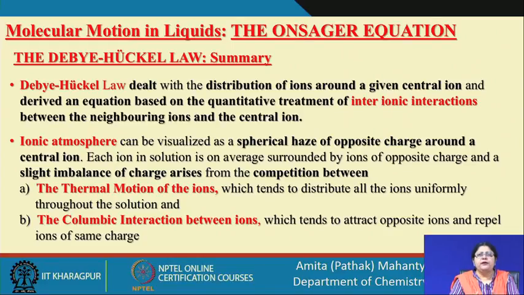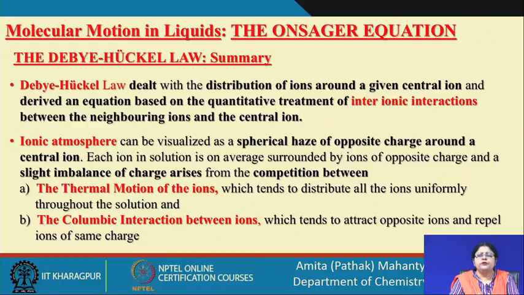So, if each ion is on average surrounded by ions of opposite charge, then what causes the imbalance? There are two competitive forces acting. One is the thermal motion of the ions, and the other is the Coulombic interaction between the ions.